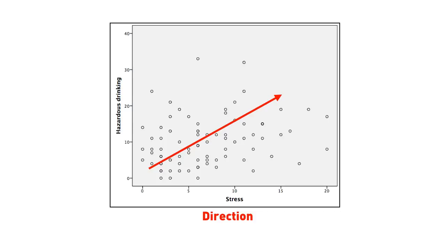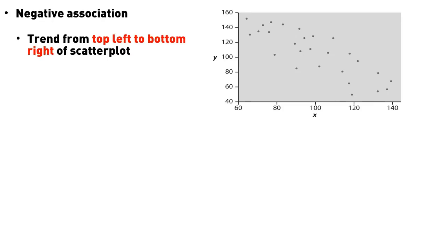Next up, we have direction. Is there a diagonal axis to the data? We can actually fit lines to our data, but that is something we'll get to. Here, the data seems to go towards an upwards diagonal direction. And there are two types of directions. A negative association depicts a trend from the top left to the bottom right of the scatterplot.